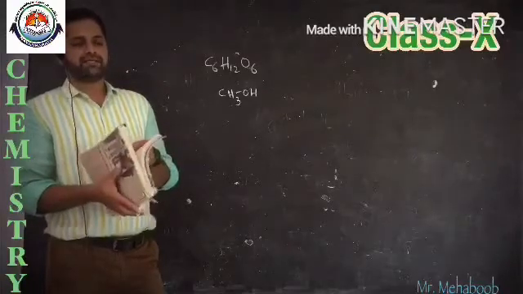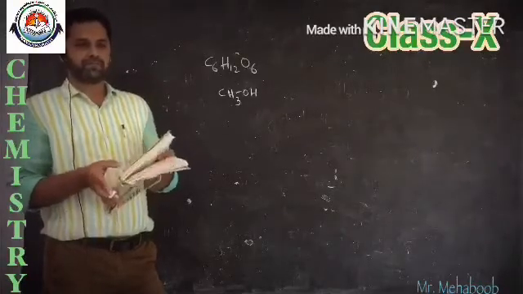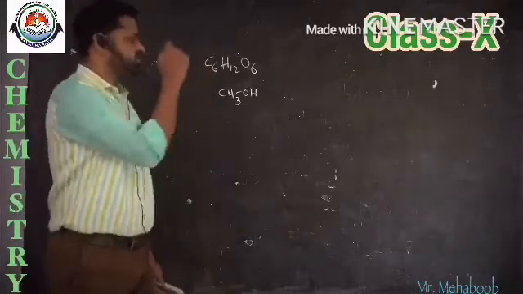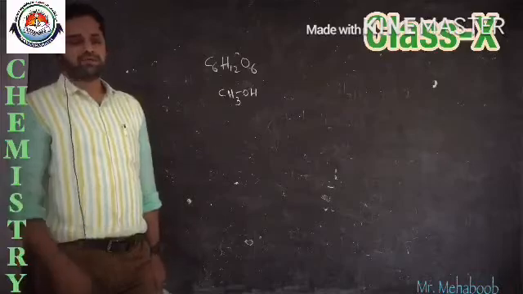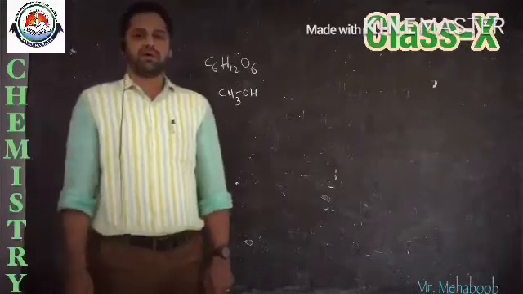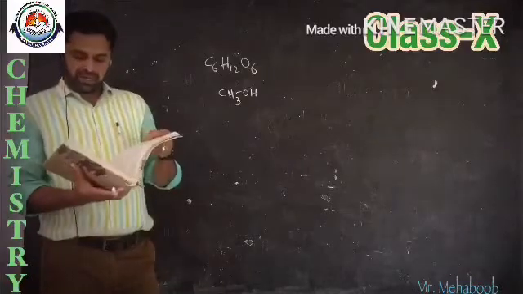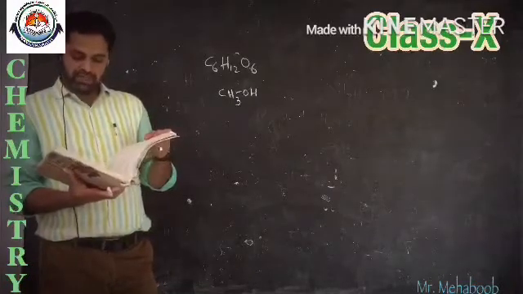So we know that acids conduct electricity. Why? Because they contain ionizable hydrogen atoms. But here there is no ionizable hydrogen atom. So how can you prove that they are not acids?